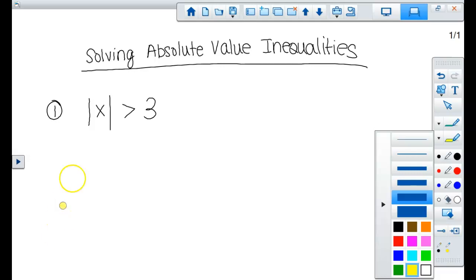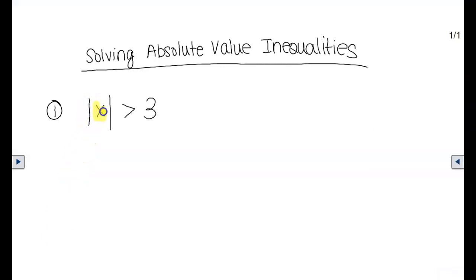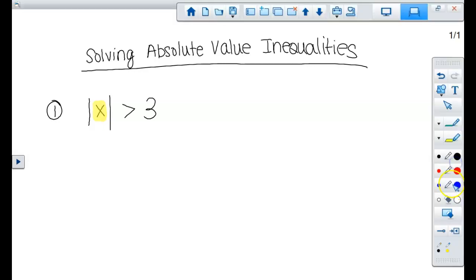So let's take a look at what's inside of our absolute value bars. We are taking the absolute value of x. And I want you to think about what this inequality is saying. It's saying that the absolute value of x is greater than 3. Now we know that this absolute value is a distance.